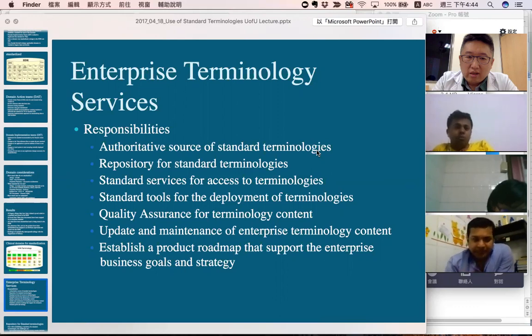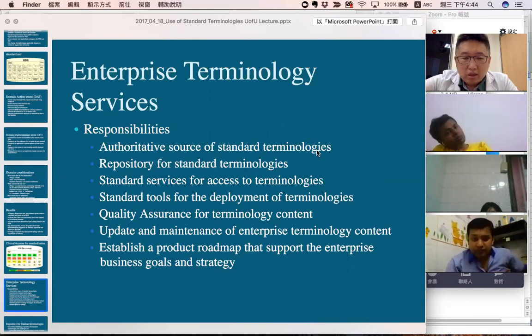But Taiwan just cannot pay the money to the NLM. We hope we can pay the money for using SNOMED, but we have some problem. And I remember the price is around 3 million.